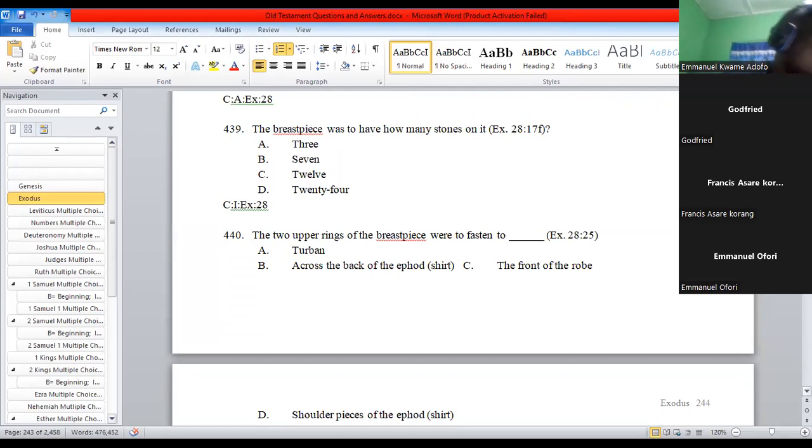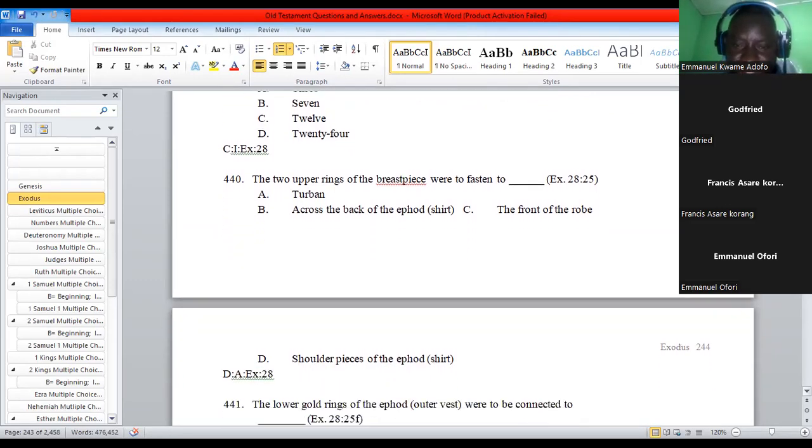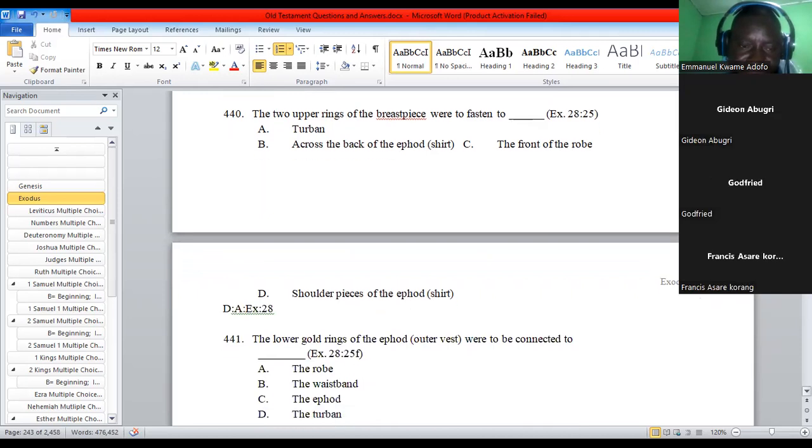The shoulder piece of the ephod. Good. The lower gold rings of the ephod, that's the outer vest, were to be connected to.